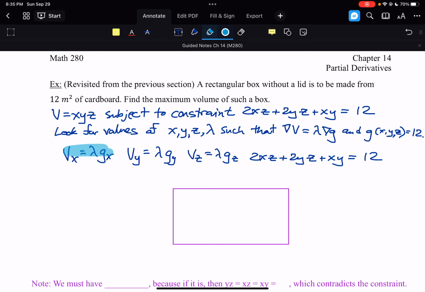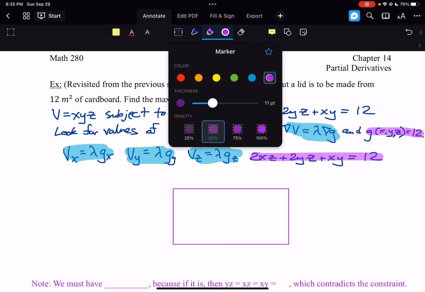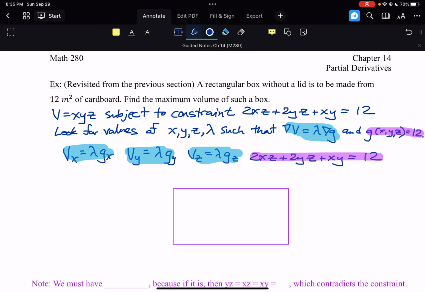So we have three equations from grad v equals lambda grad g. And then we have the constraint. All right, so if we go ahead and get these equations now.